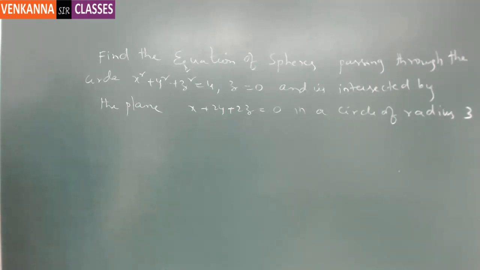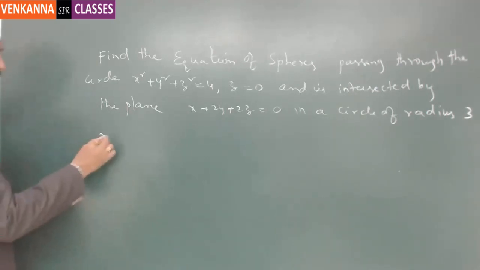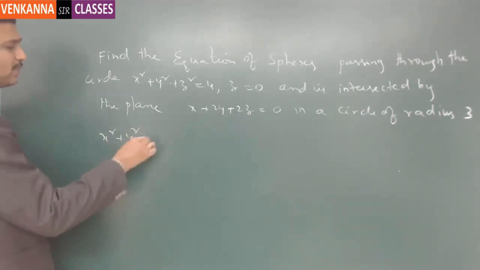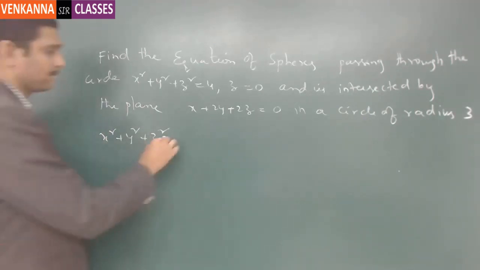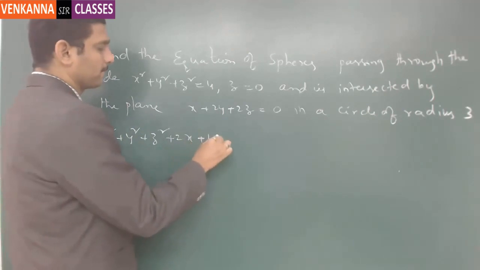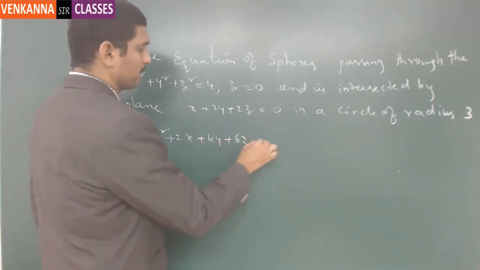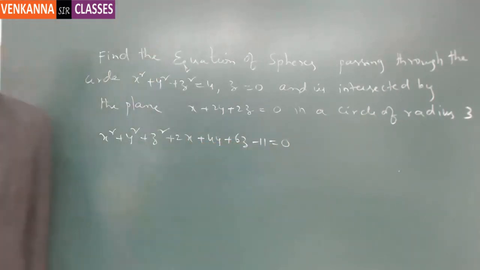So for the last sum, I will say, can I dictate or can I write? Okay, I will write. x square plus y square plus z square, this is one equation.